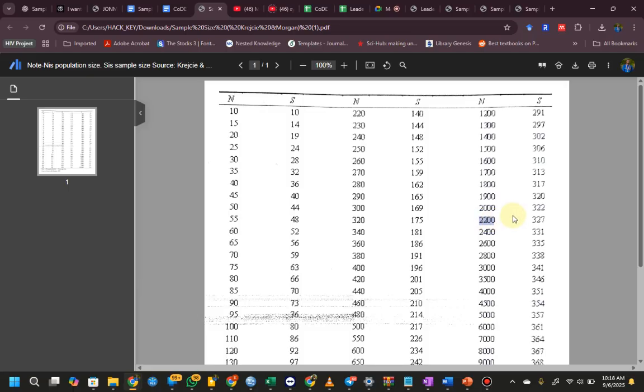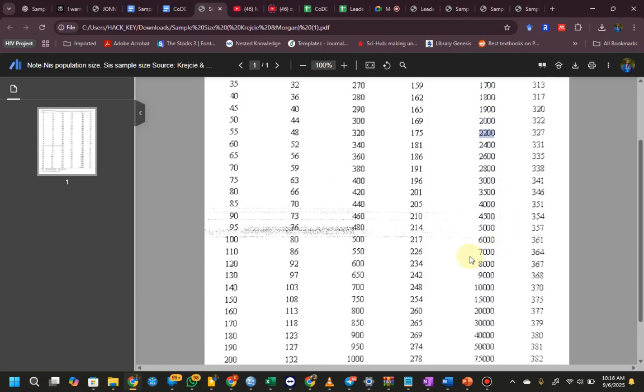Based on the Krejcie and Morgan table, what will be the sample size for, say, an accessible population of 380? 338.